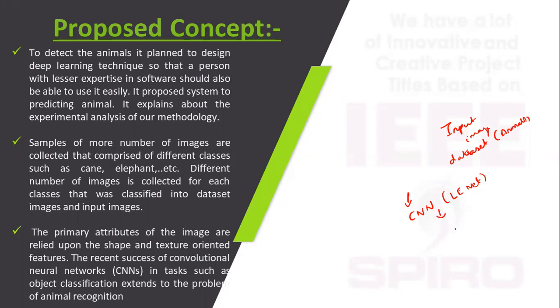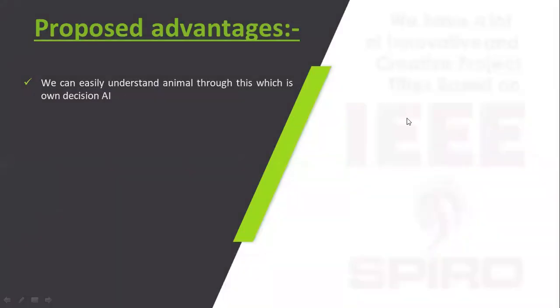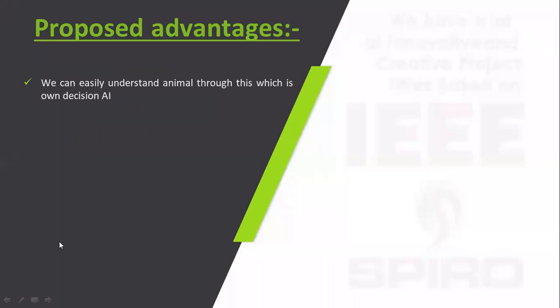After building the model, we will deploy it in the GUI by converting the trained model into a .h5 file. Once the deployment is over, we can upload an input image in the GUI, and the output will be which type of animal we have given as input. The main advantage is that we can easily understand the animals, and the classification can be done easily with this model.